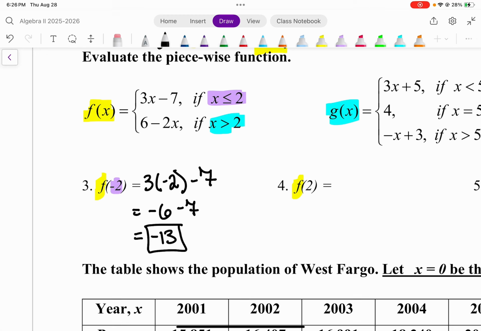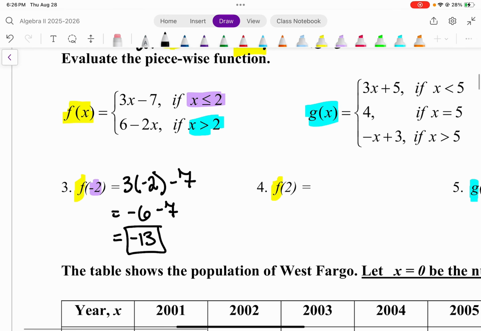All right, looking at number 4, we also decided that for this problem, we are using the f of x function because there's an f on the outside. And then we need to decide, are we using the top equation or the bottom equation? Right now we have f of 2. So we need to decide, is 2 less than or equal to 2, or is 2 greater than 2?